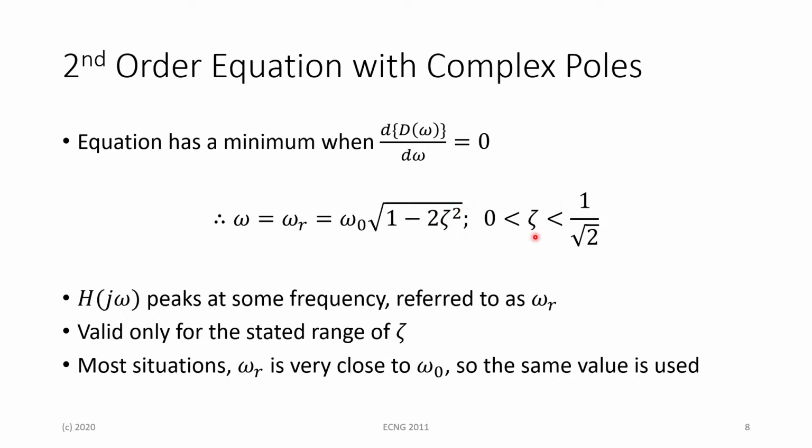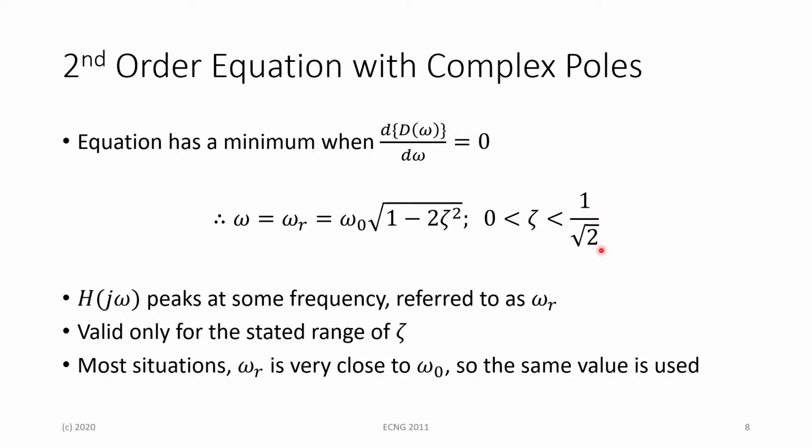And zeta takes a value between 0 and 1 divided by root 2, which is approximately 0.707. That gives us an idea of where we will have a resonance frequency occurring. The resonance effect that you see on the graph only occurs when zeta lies between 0 and 0.707, which is 1 divided by root 2.